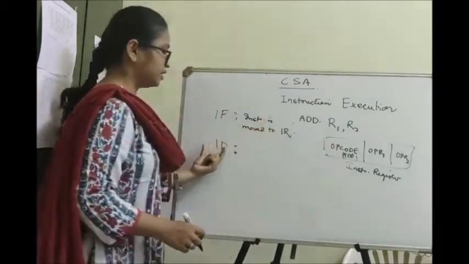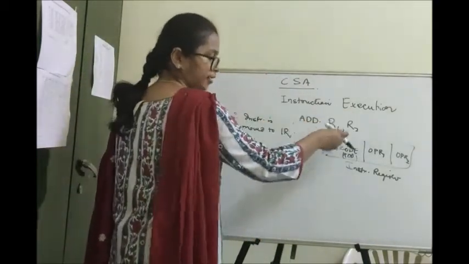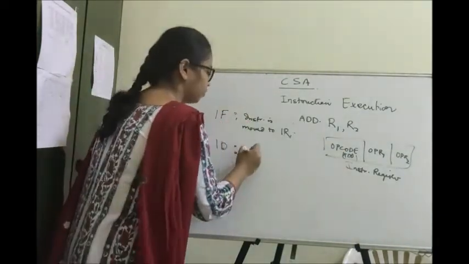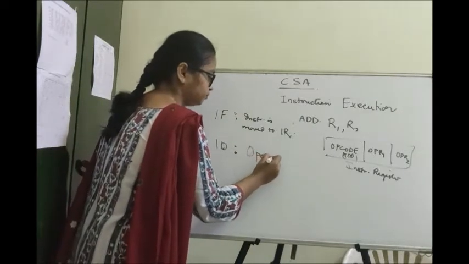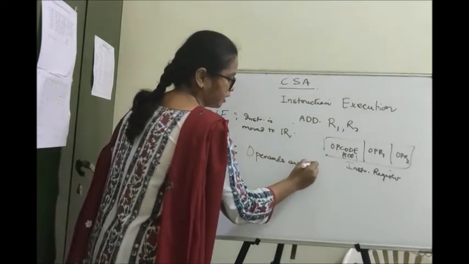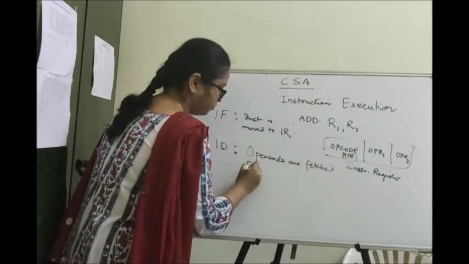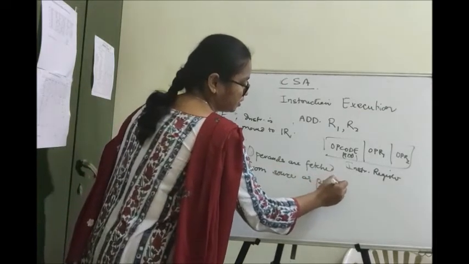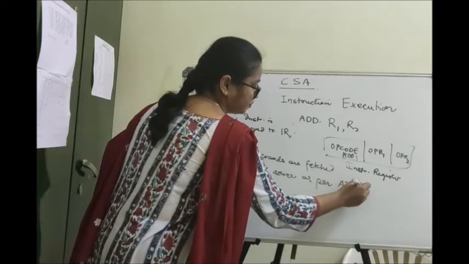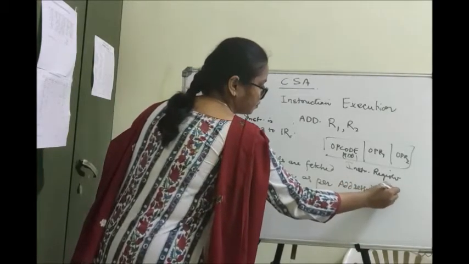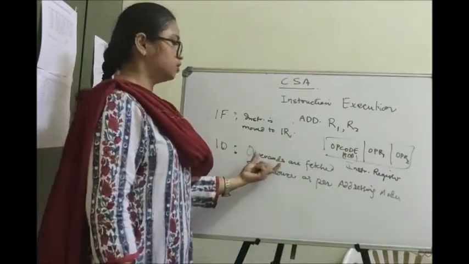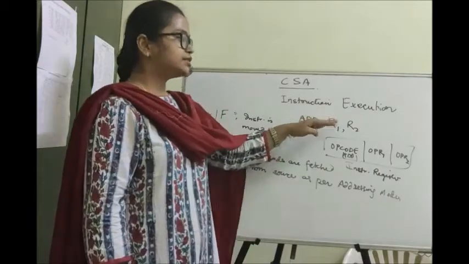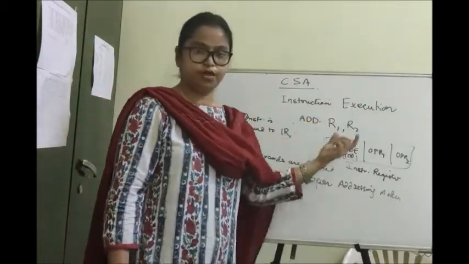So in instruction decode, the operands are fetched from the source as per the given addressing mode. Here the addressing mode is register addressing mode. So in this case, we have to fetch the operands from R2 and from R1.